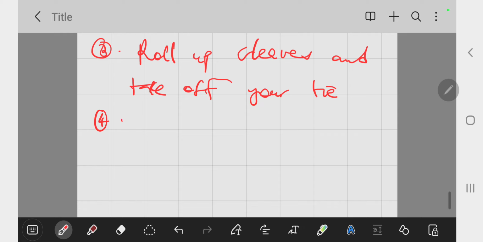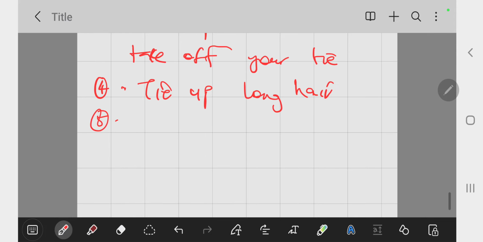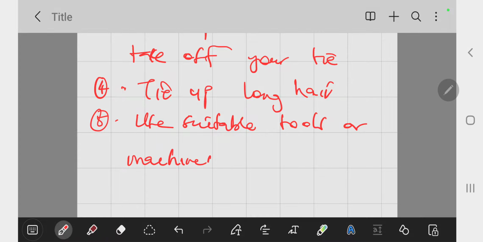Then number 4, you need to tie up long hair. Then number 5, you need to use suitable tools or machines for your work.